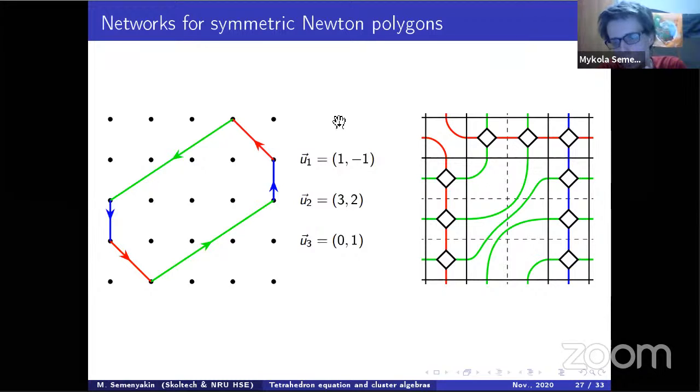And now we know that using tetrahedron we can construct an integrable system with any Newton polygon. Why? Well, it's the theorem of Goncharov and Kenyon, or Shapiro-Weinstein, whatever, that for any convex Newton polygon, you construct an integrable system in some way.